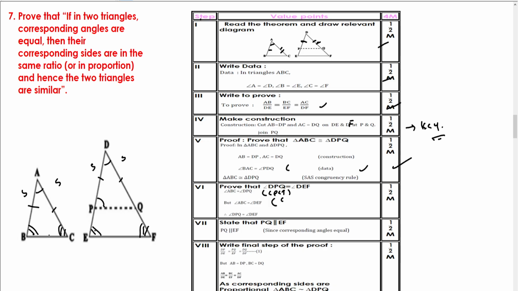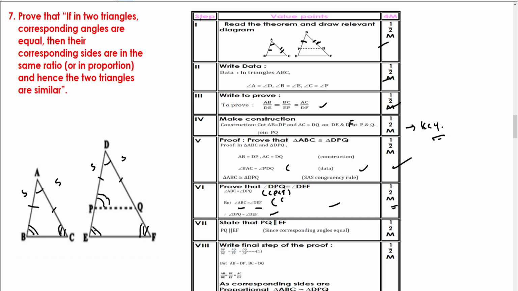But angle B is also equal to angle E, that is data. That is, angle ABC is equal to angle DEF. Then it means angle P is equal to angle E. That is, angle DPQ is equal to angle DEF. If you prove this, you will get half a mark.